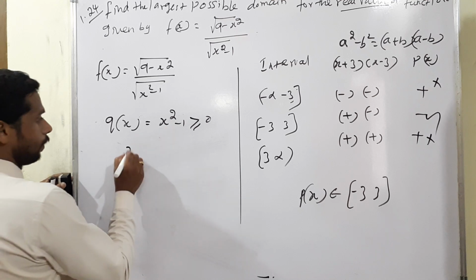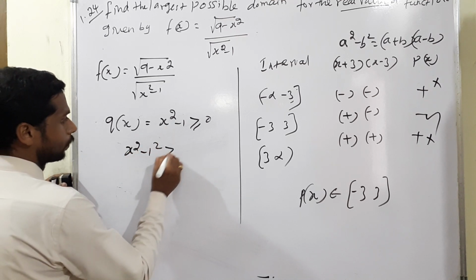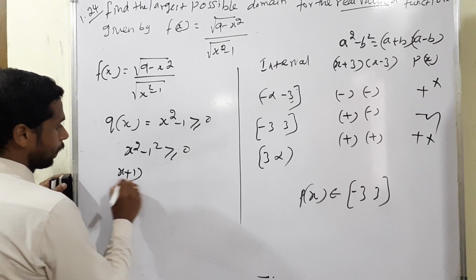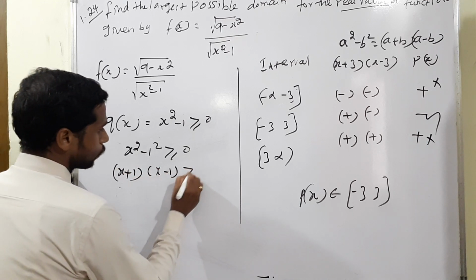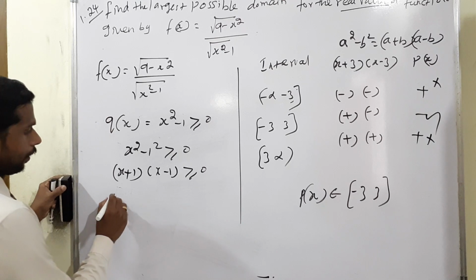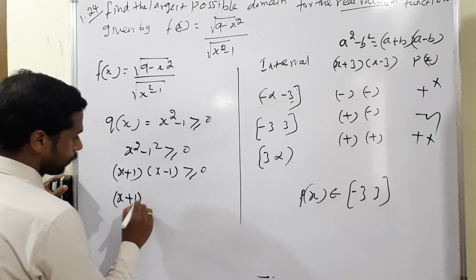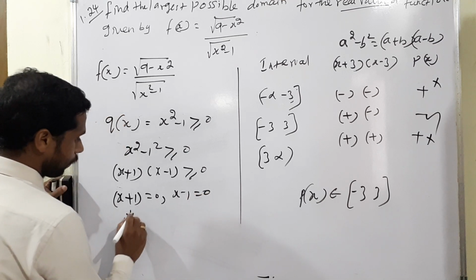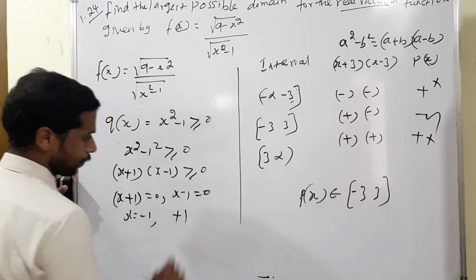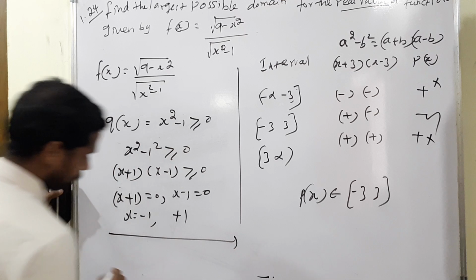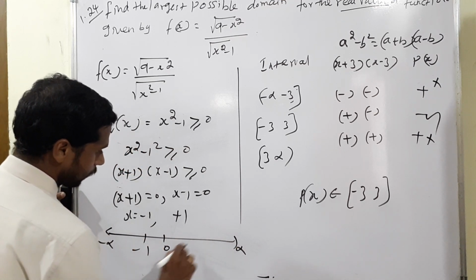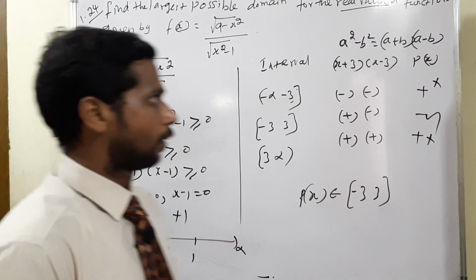Now we can convert this to x square minus 1 square greater than or equal to 0, using a plus b into a minus b: x plus 1 into x minus 1 greater than or equal to 0. Each and every time, equal to 0 means x plus 1 is equal to 0 and at the same time x minus 1 is equal to 0. Therefore x is equal to minus 1 and positive 1. Take one number line: minus infinity to positive infinity, center 0, minus 1 to positive 1. Now, the same condition.